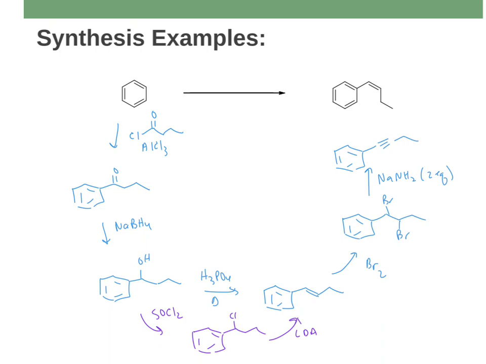Right, to make that alkyne. And then once you have that alkyne, I could use H2 and that Lindlar's catalyst to get that specific cis alkene, right? To get the Z alkene, which is a lot of work, right? You can imagine this is a lot of work.